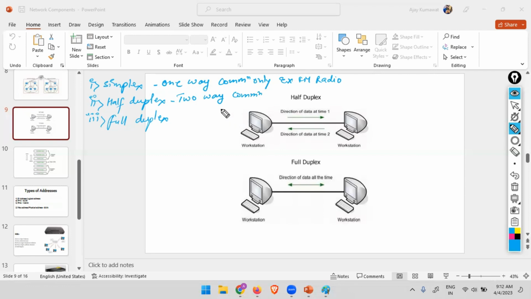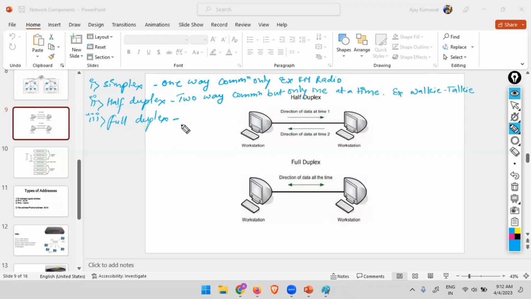At a time, only one-way communication will be possible. So you'll say two-way communication, but only one at a time. Like your walkie-talkie. So in the case of your walkie-talkie, when one person is speaking, second has to listen. Okay. So your example will be walkie-talkie.